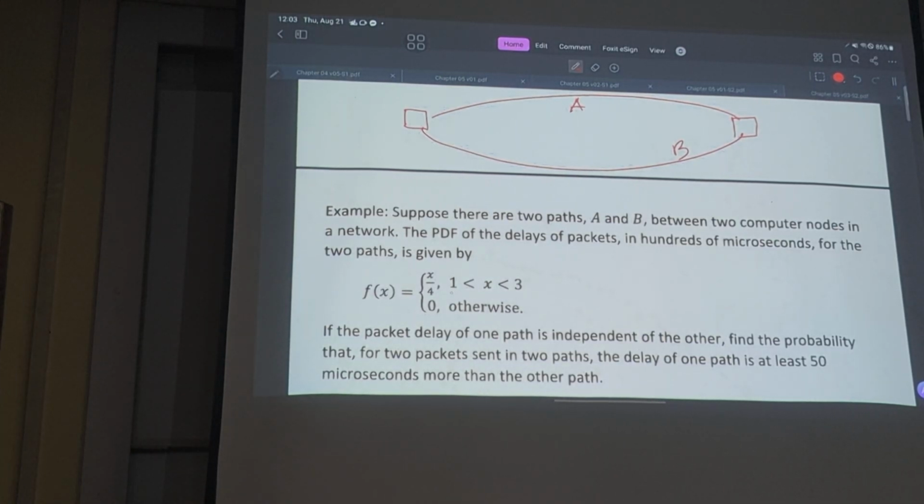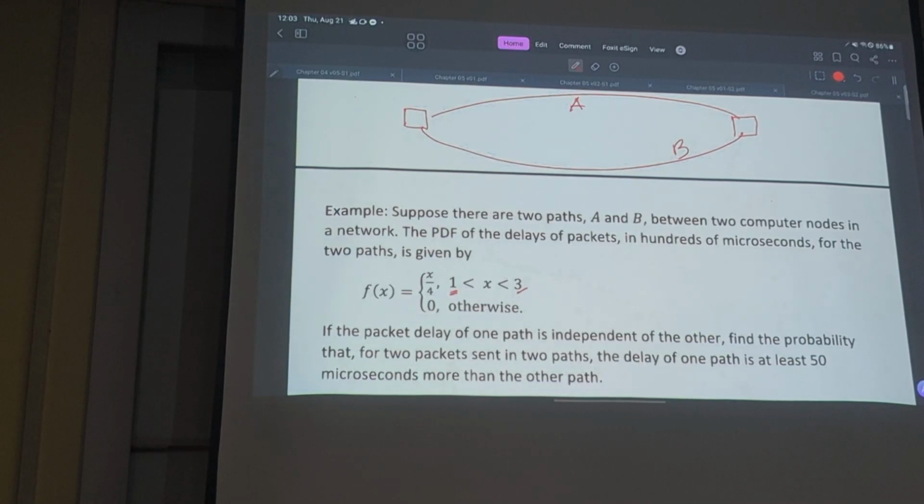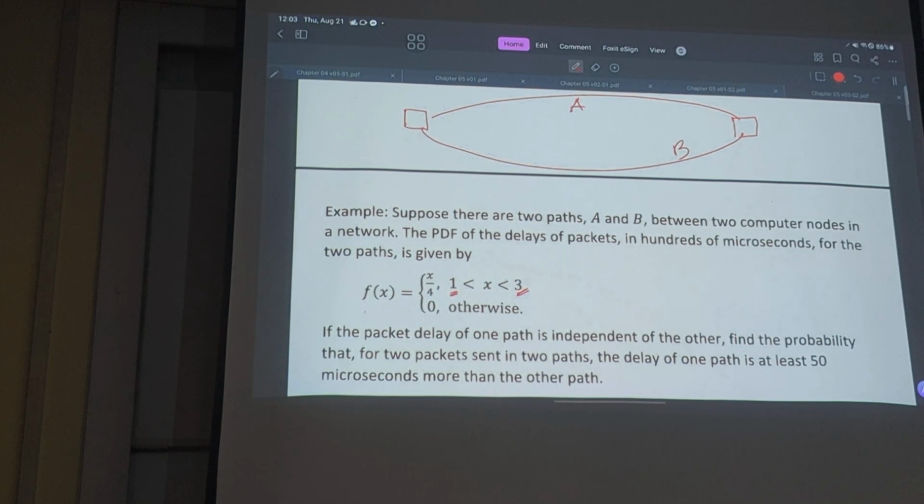So when it says 1, it means what? 100 microseconds. When it says 3, it says what? 300 microseconds. It can be anything. But for the two paths the PDF is given by this. So for both paths, the PDF is the same.